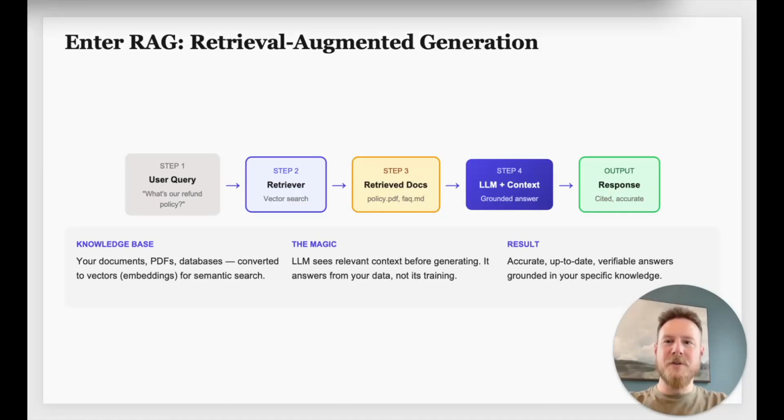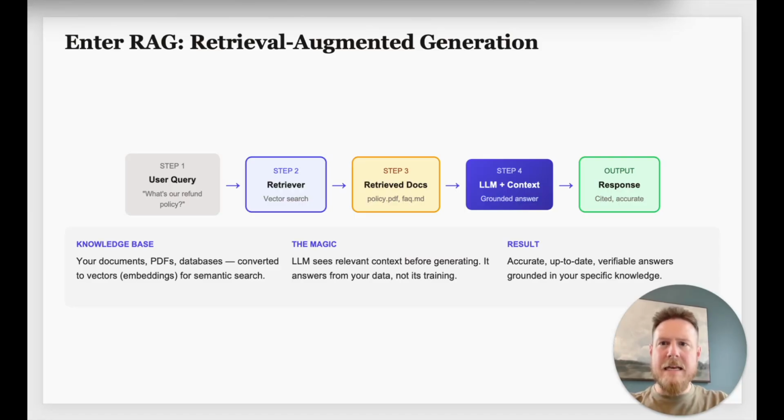Okay. So to address some of the challenges that we just discussed, specifically around knowledge cutoff and hallucinations, enter RAG. RAG stands for Retrieval Augmented Generation, and let's walk through how that works. Following the flow from the left to the right, a user asks a question like, what is our refund policy?